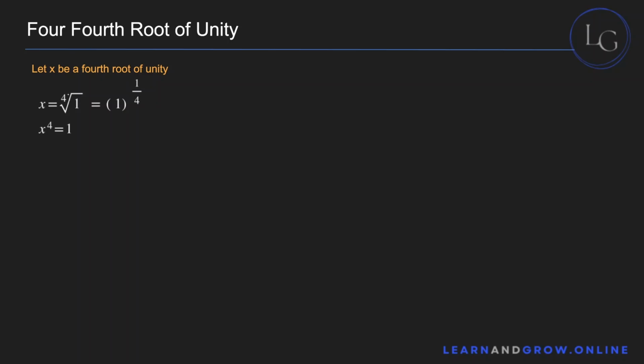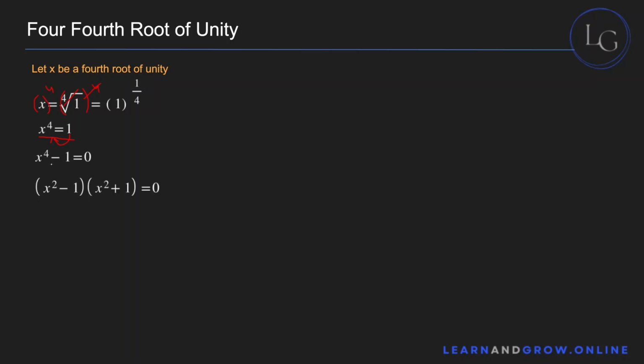So we take both sides to the power 4, so that we can remove this 4th root sign over here. So we get x to the power 4 is equal to 1. Now we take this 1 on the other side, and now this becomes x to the power 4 minus 1 is equal to 0.